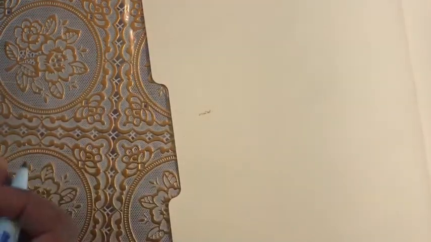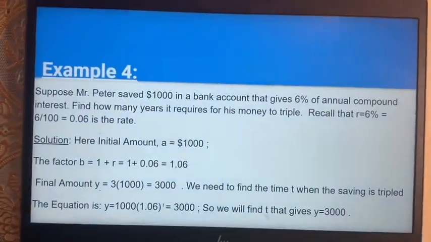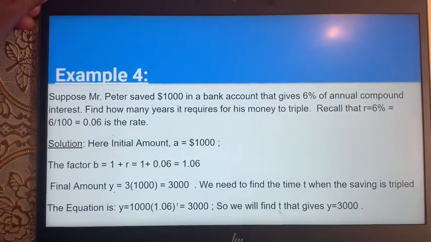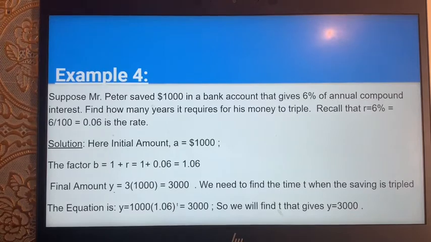The fourth example is this one. This is a compound interest problem. Suppose Mr. Peter saved $1,000 in a bank account that gives 6% annual compound interest. Find how many years it requires for his money to triple. Recall that r, which is 6%, means 6 over 100 or 0.06 is the rate.